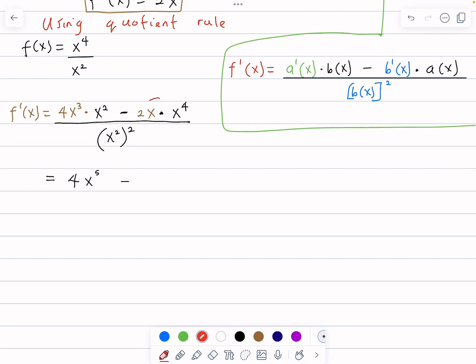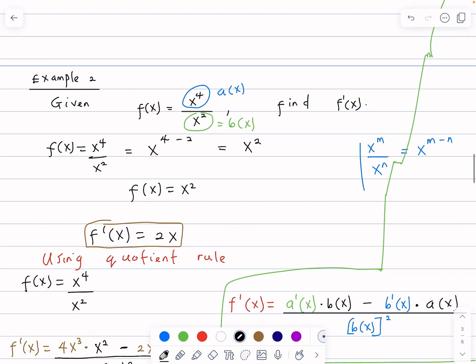Then you can combine the x and x to the power of 4 together, and you are going to get 2x to the power of 5. The denominator is just going to be x to the power of 4. And if you simplify, you get 2x to the power of 5 divided by x to the power of 4.